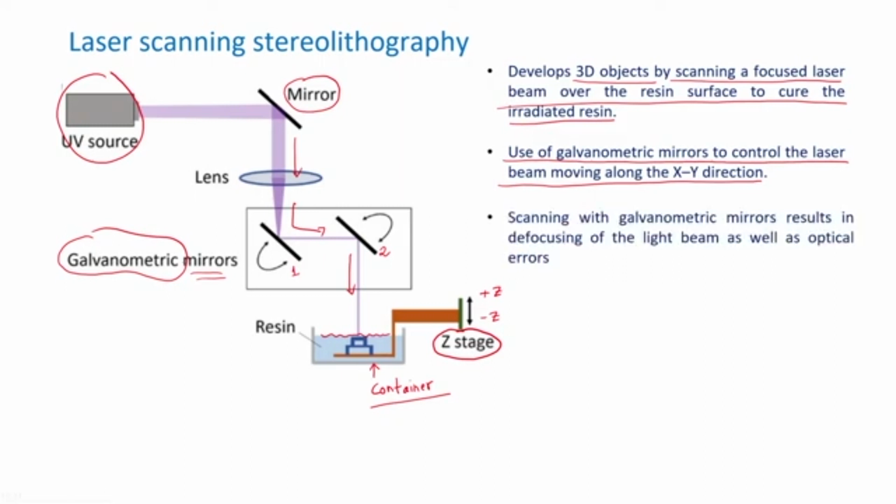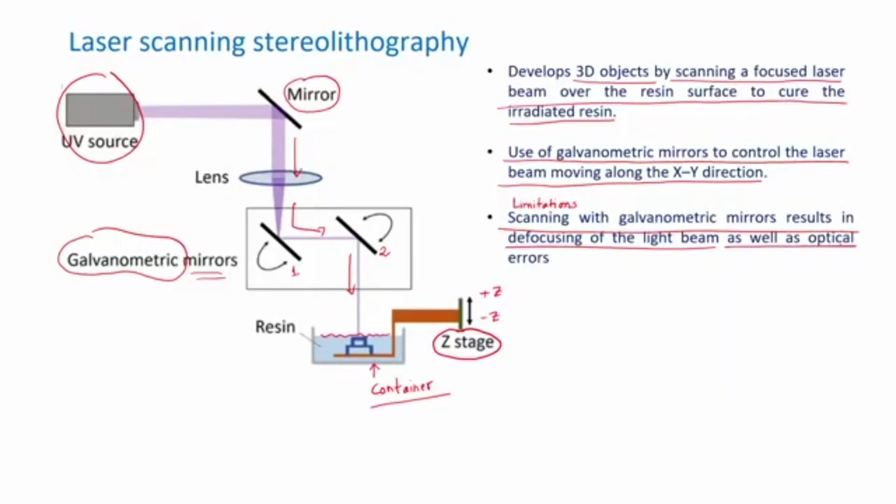However, there is a limitation of this particular arrangement, and that limitation is that the galvanometric mirrors defocus the light beam. When we maneuver the laser beam over the resin surface, due to this movement there may be defocusing of the laser beam energy.